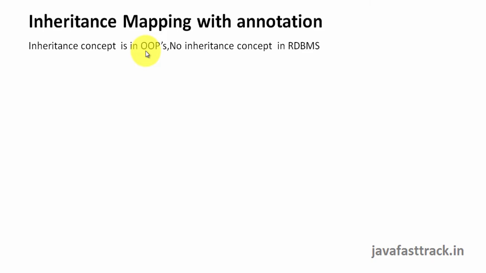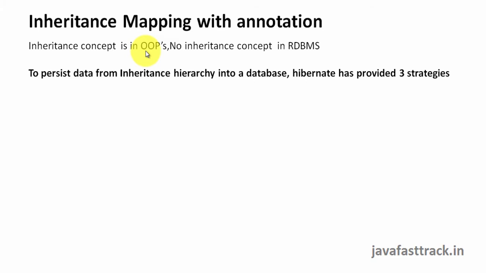Database doesn't have any direct inheritance concepts, but still we need some approach to store this data in the database. For that, Hibernate has provided three strategies. To persist data from an inheritance hierarchy into a database, Hibernate has provided three strategies.